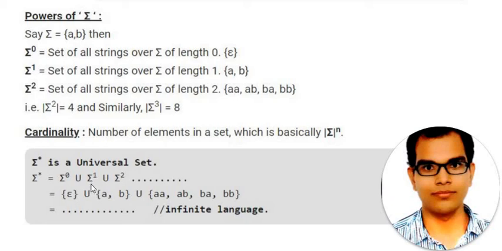Strings of length 1 with this alphabet are a and b. Strings of length 2 are only 4: AA, AB, BA and BB. We cannot tell how many strings are possible with this alphabet. We cannot count, so we see that as an infinite language. Thank you so much.